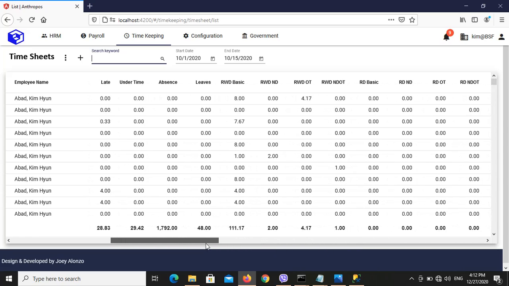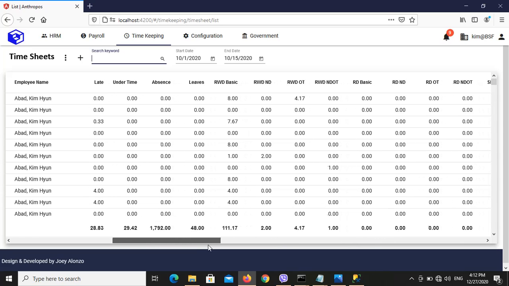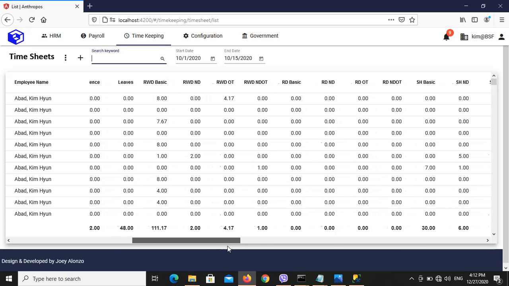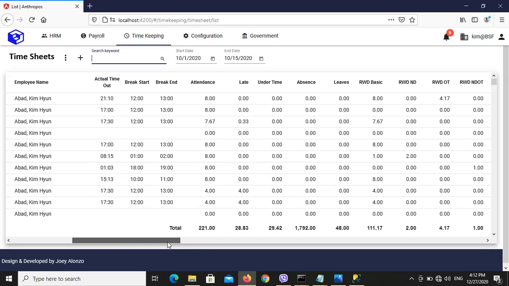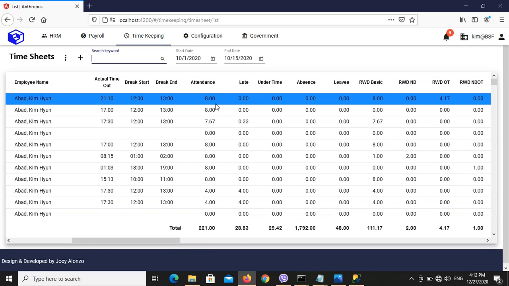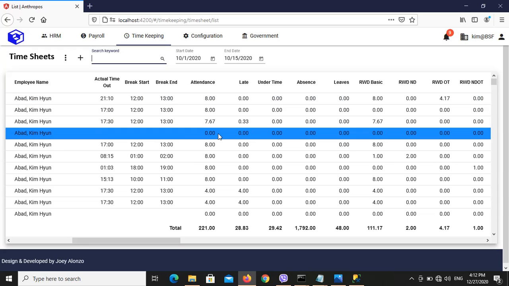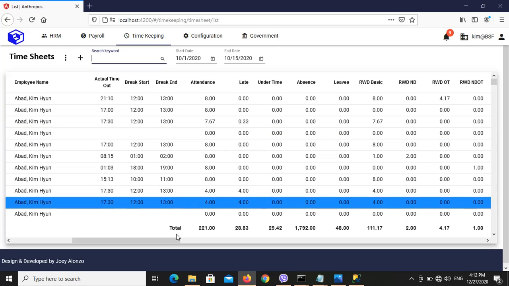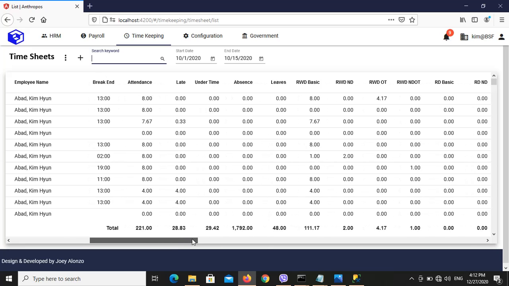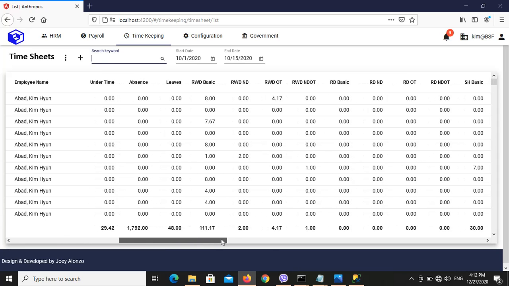Now you might be asking, why do we need all of these columns? Why is it that we just don't make one column for attendance and that's it? Well, the primary reason is that every hour that an employee is working will not be the same.